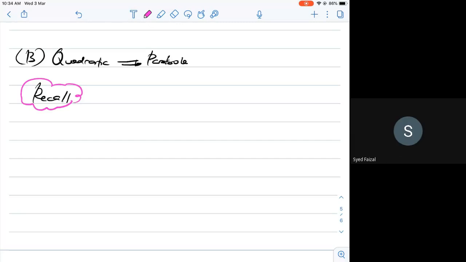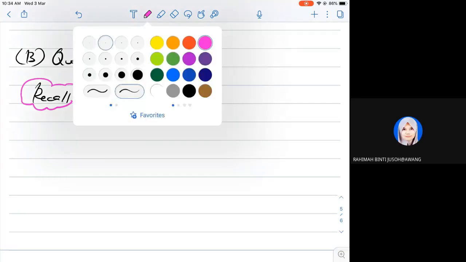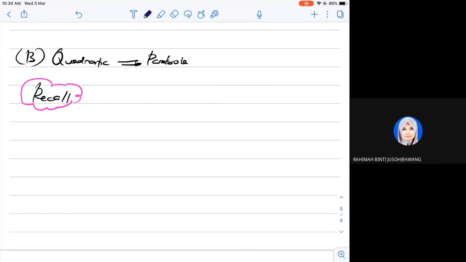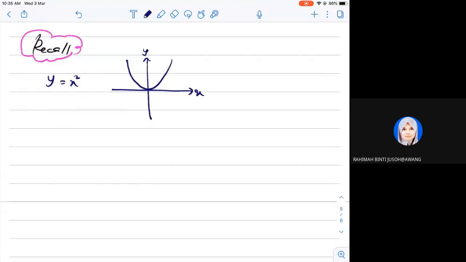Okay, parabola. Normally I'm going to use the blue color. So let's say y equals to x squared. You will have a quadratic graph or parabola graph like this, isn't it? Here x, here y. Betul kan? Senyum. Kan? Cikgu sekolah kata positif, so you kena senyum.